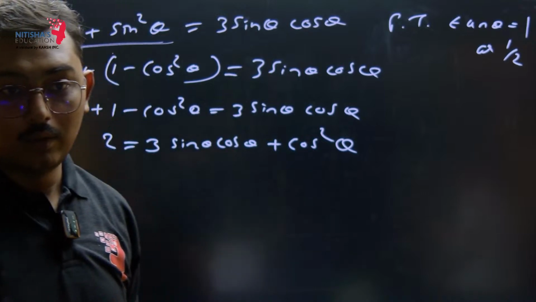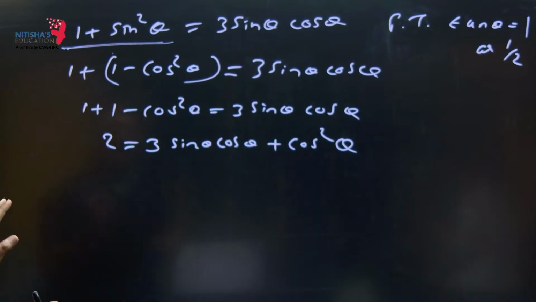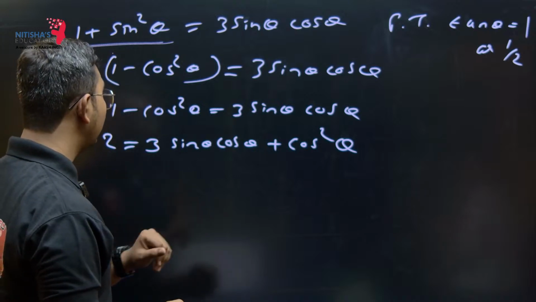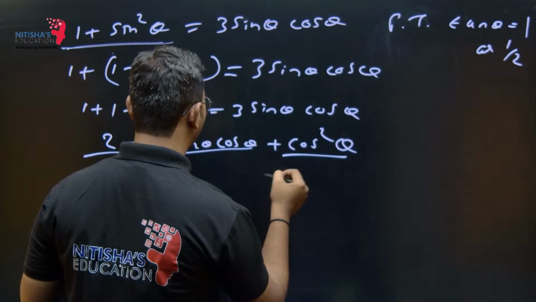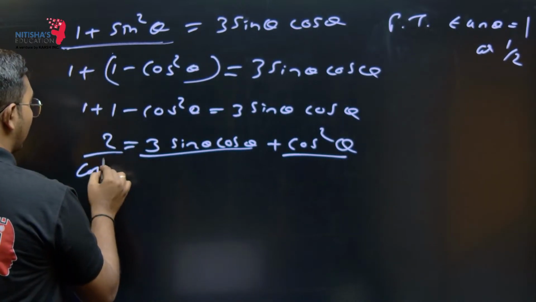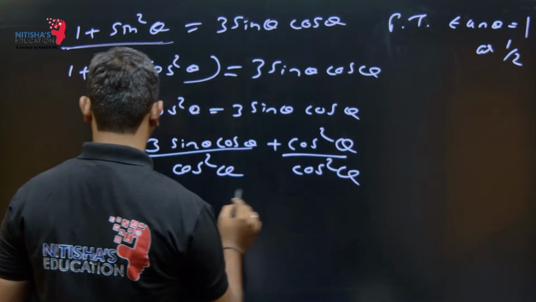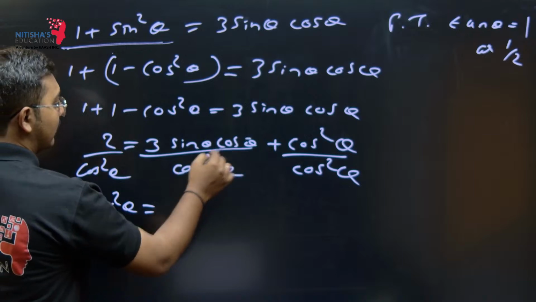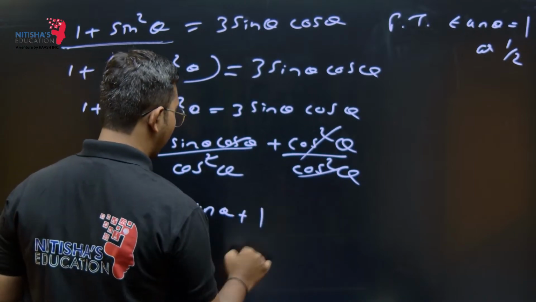I think the question is incorrect, but let us try if it's possible. We can divide the whole thing by cos square theta. So 2 sec square theta is equal to, this will be cancelled out, 3 times tan theta plus 1.